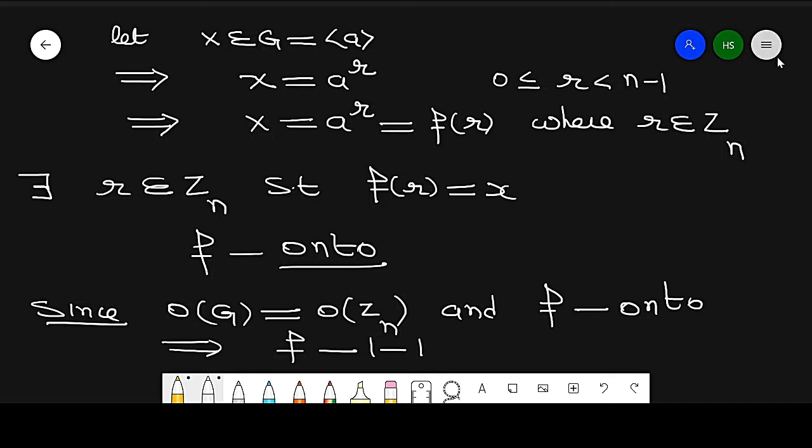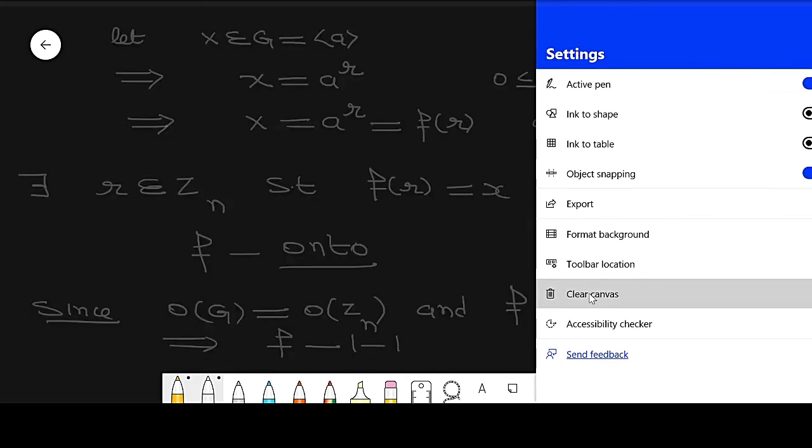So it proves all the properties. If it is one-one, onto and a homomorphism, then this cyclic group is isomorphic to Zn. So this is of order n. If this cyclic group is of order n, then it proves our result.